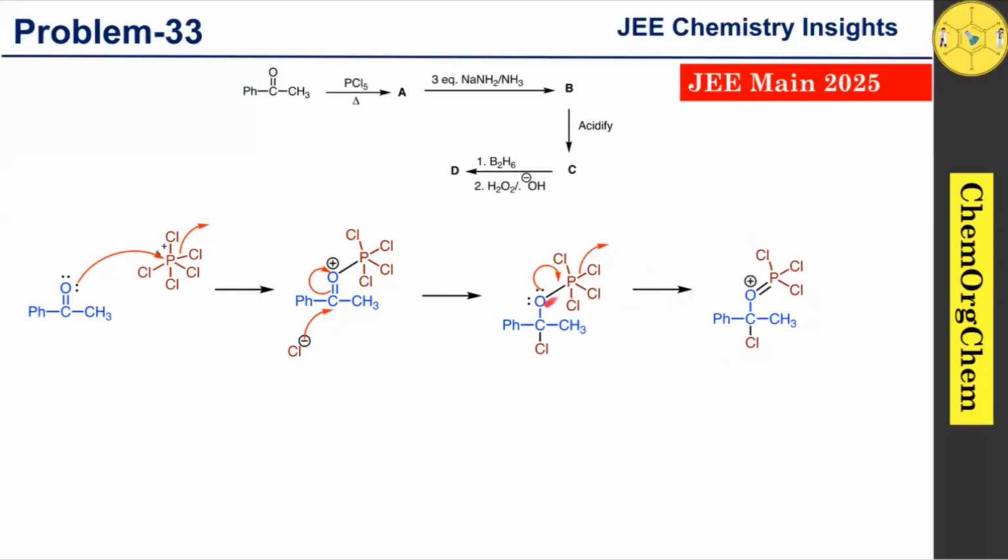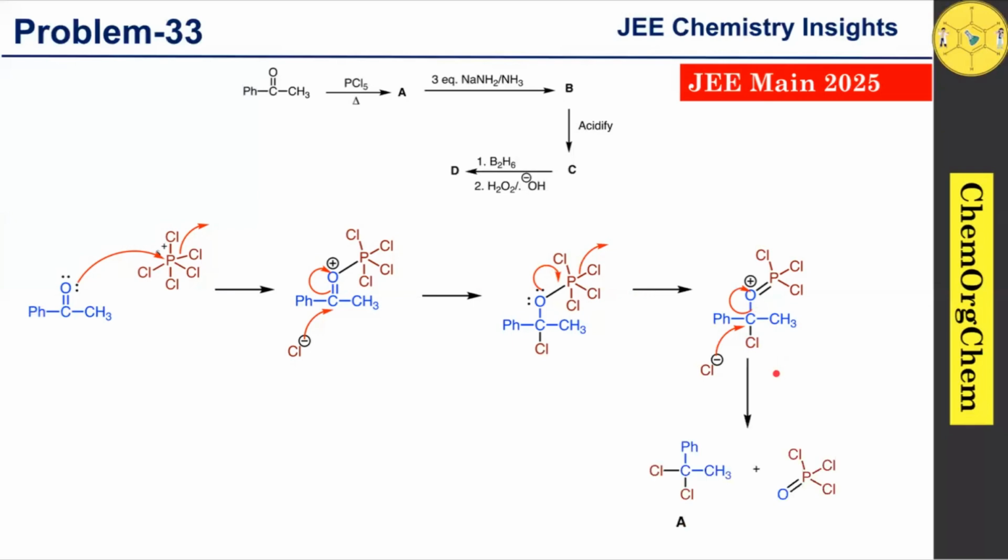Because oxygen donates the electron to the phosphorus center, oxygen has a positive charge. At the same time, there is now a double bond between phosphorus and oxygen. So now this chloride ion attacks this carbon center, resulting in cleavage of the carbon oxygen bond, and the electrons move towards the oxygen atom.